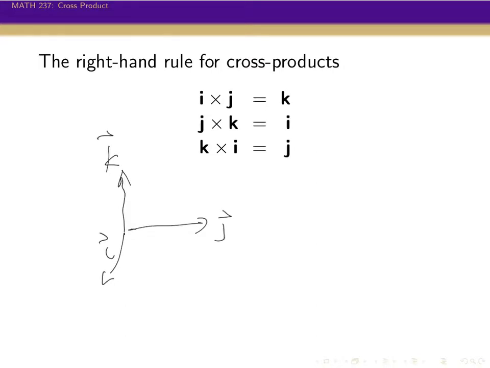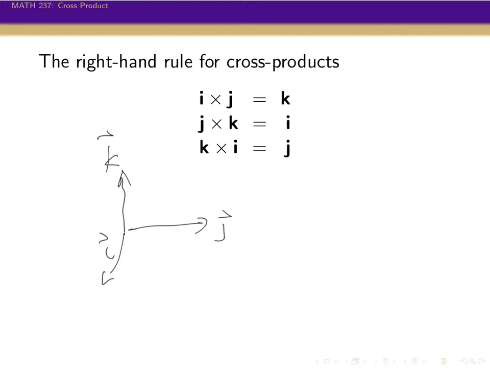So if I lay my hand down along I, and curl my fingers towards J, my thumb's going to be pointing straight up. So I cross J is going to be equal to the K vector. If I swap them, if I did J cross I, my thumb would be pointing down, and so J cross I is negative K.